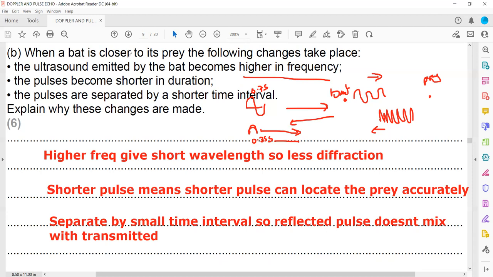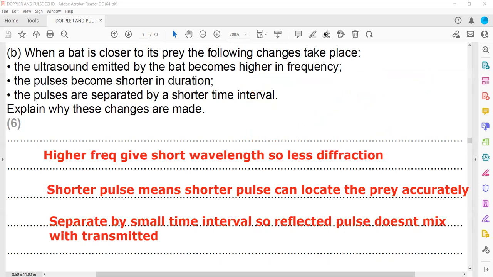So when a bat is closer to its prey, the following changes take place. The ultrasound emitted by the bat becomes higher frequency. Why higher frequency? It will have a shorter wavelength, and shorter wavelength diffracts less. Otherwise, what will happen to the wave which is emitted?